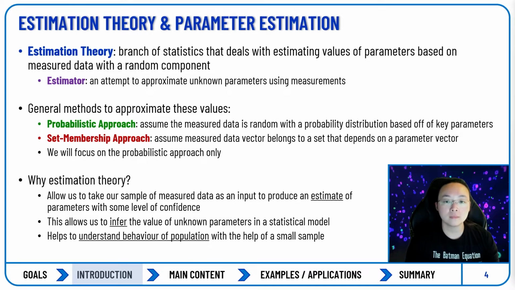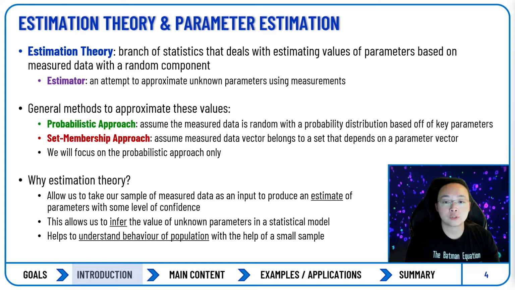So with all these definitions, we have to go back to the question of why is estimation theory important? Estimation theory allows us to take our sample of measured data as an input to produce an estimate or output of parameters with some level of confidence. So this allows us to infer the value of an unknown parameter in a statistical model in case we want to make predictions.